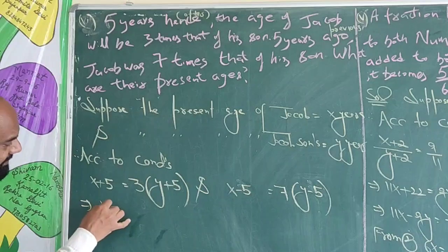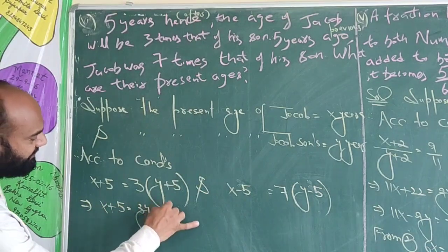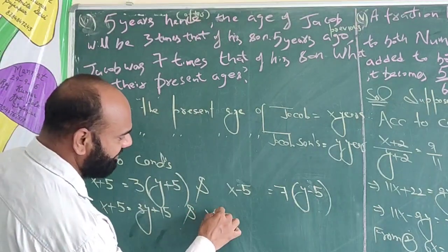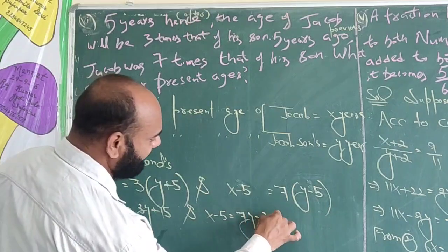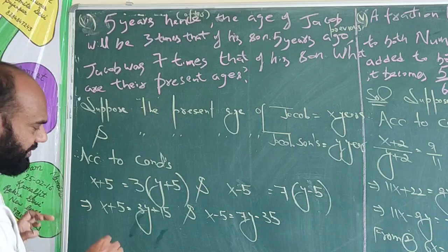So, x plus 5 is equal to 3y plus 15. And second, x minus 5 is equal to 7y minus 35. This is equation number 1 and this is equation number 2.